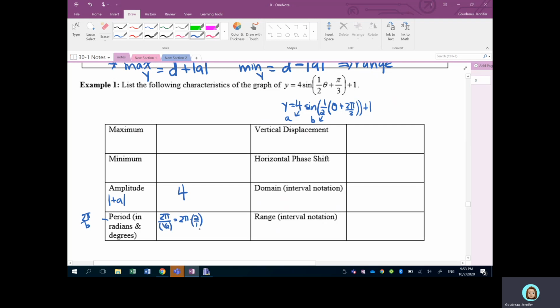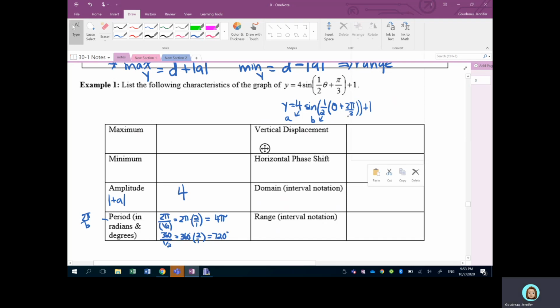We're going to reciprocate that bottom fraction, which gives us 4 pi. If we were to do this in degrees, same process, 360 divided by 1/2 is equal to 360 times 2 over 1, which gives us 720 degrees. So it has been stretched by a factor of 2, or just use the 2 pi over B.